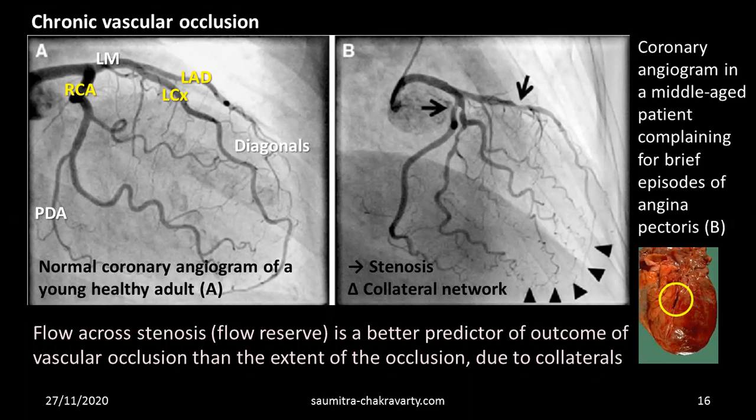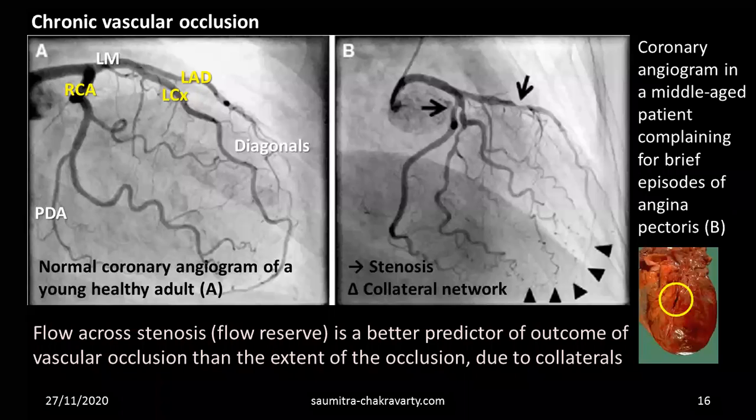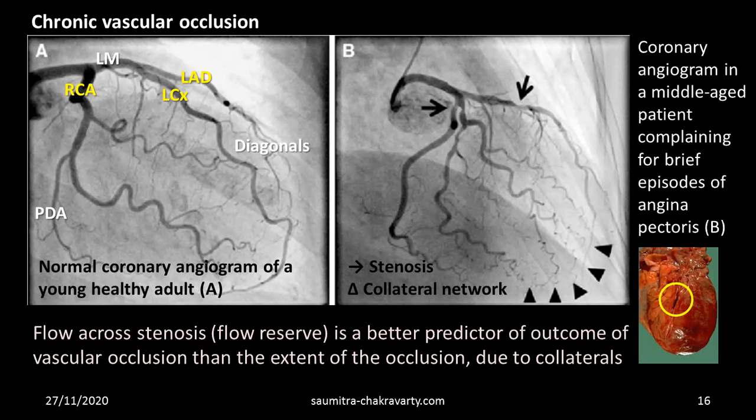Can anyone tell me at which arteries they have this stenosis? Look at the picture and tell me. Sir, LAD and LCX. Thank you.